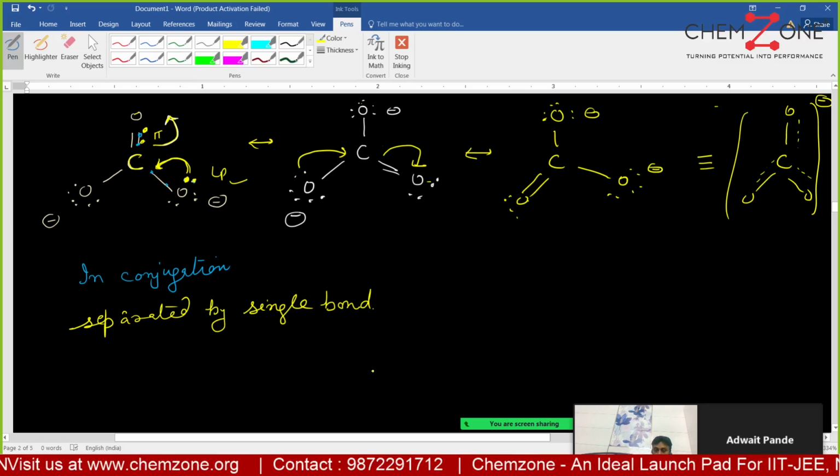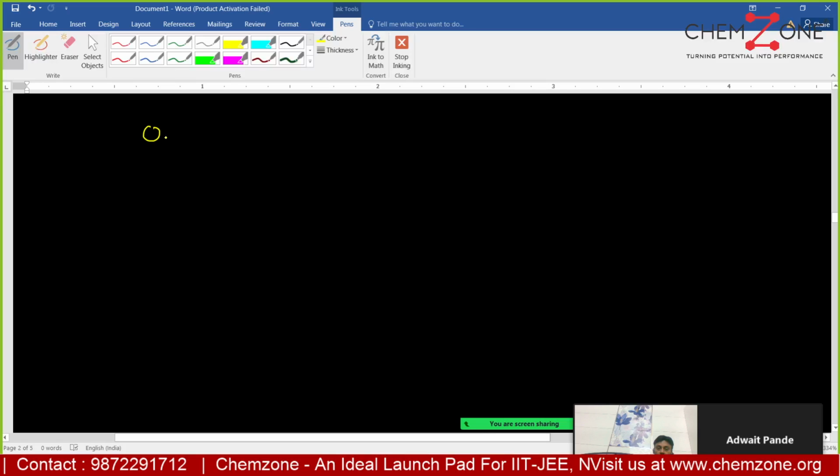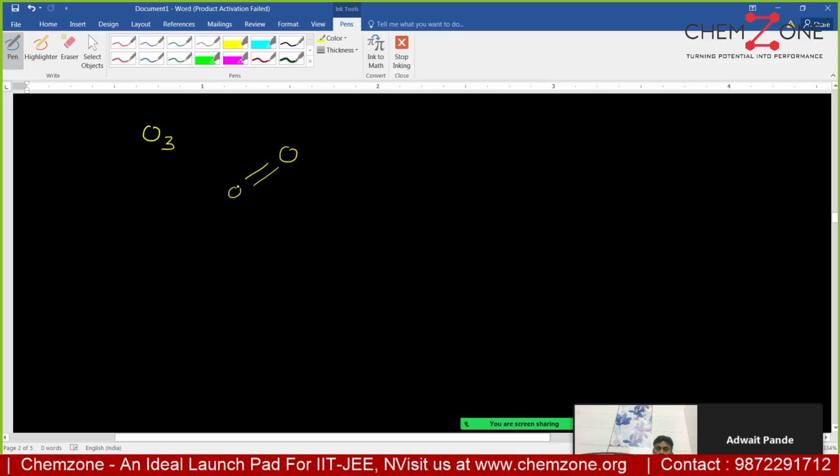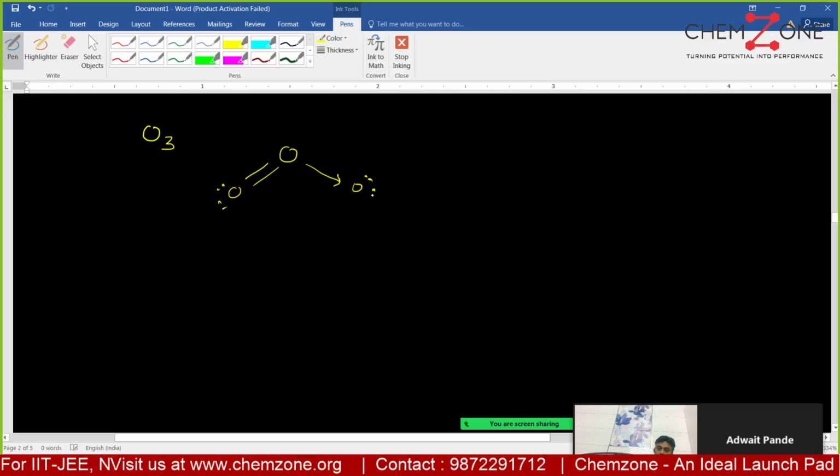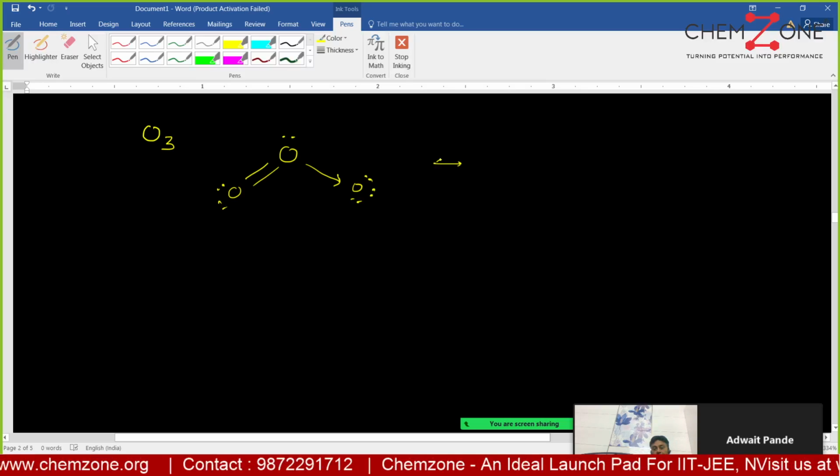Right. This is how we make the resonating structures. I have a molecule of ozone here. This is one possible structure of ozone. The other possible structure of ozone is just the opposite.